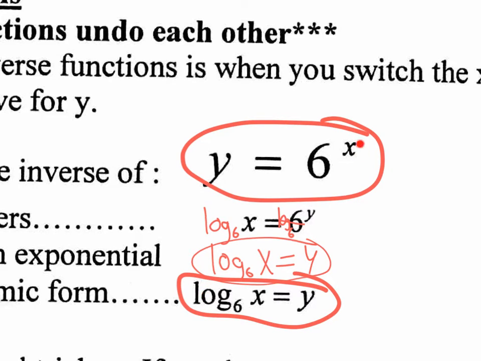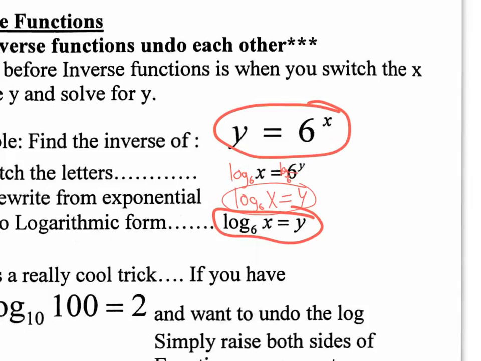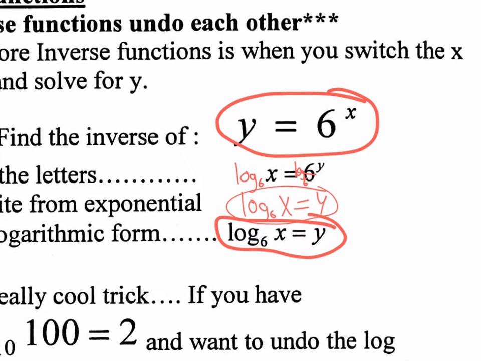And not only that, the inverse of an exponential growth with base 6 is a logarithmic function with base 6. Right? If you were to plug them into each other, they would undo themselves and the x would be left over. So I hope we understand that a logarithm is the inverse of an exponent, and an exponent is the inverse of a logarithm, of course with the same base.